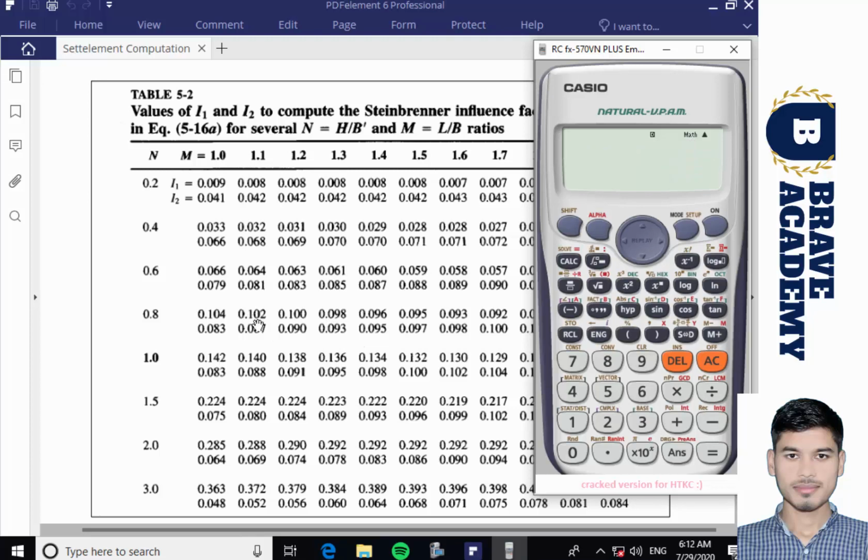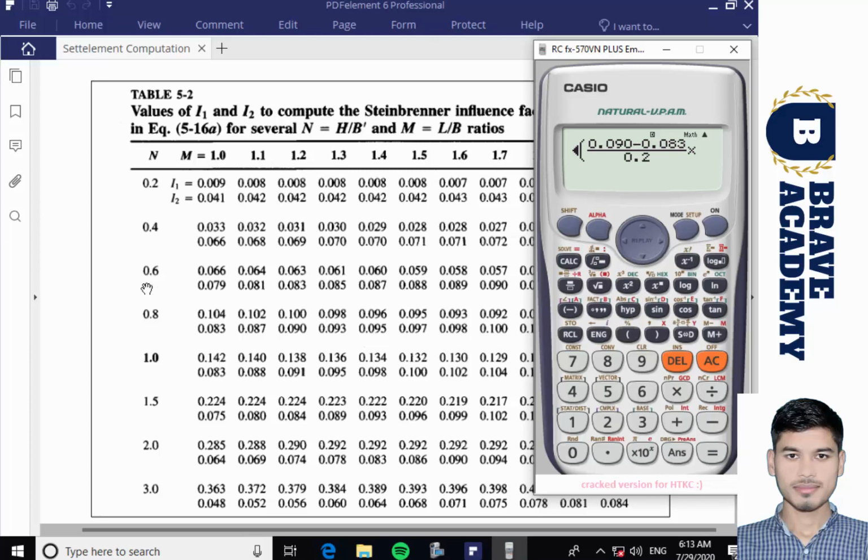Similarly you can interpolate for I2. For I2 at 0.6, corresponding to 1.2, the value of I2 is 0.083. So 0.083 plus the value at 0.8, which is 0.090, minus 0.083, divided by the gap between 0.6 and 0.8, that is 0.2, and multiply by the distance to which you are increasing.